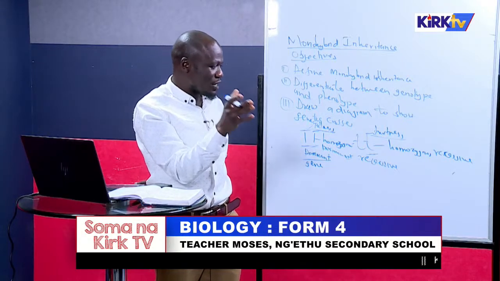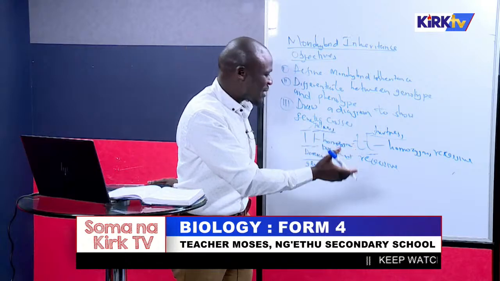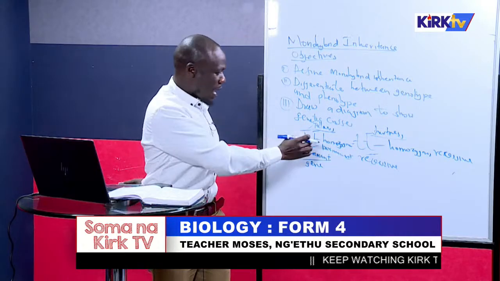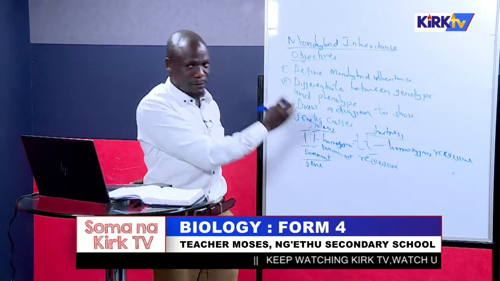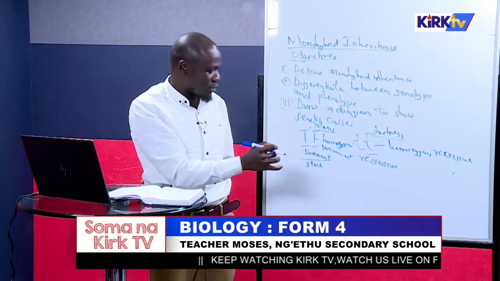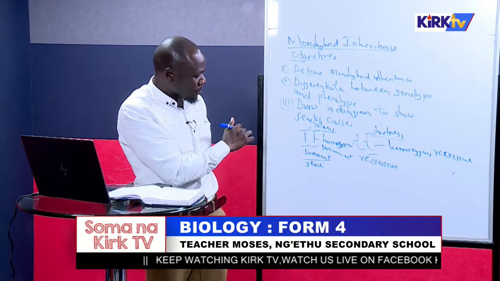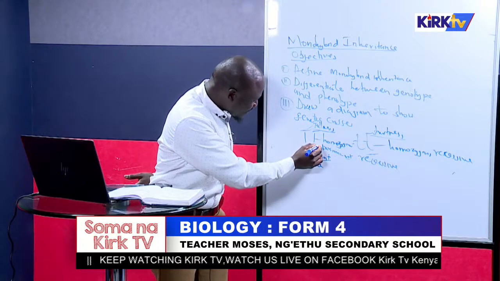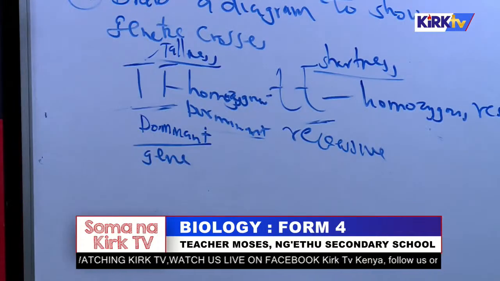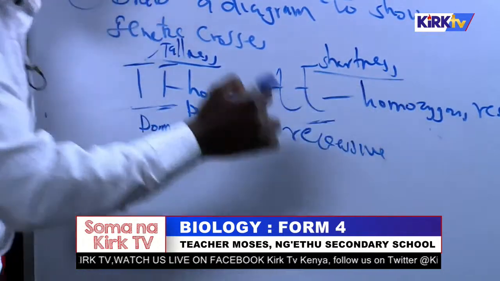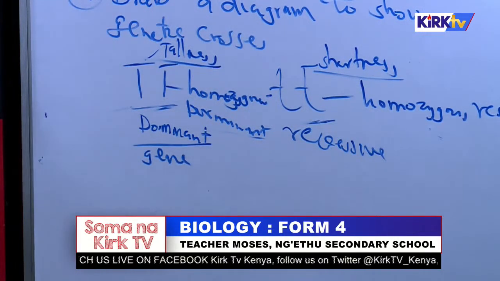While a recessive gene is a type of gene that is suppressed by a dominant gene. But look here: I've represented a pure dominant gene, while here I've represented a pure recessive gene.